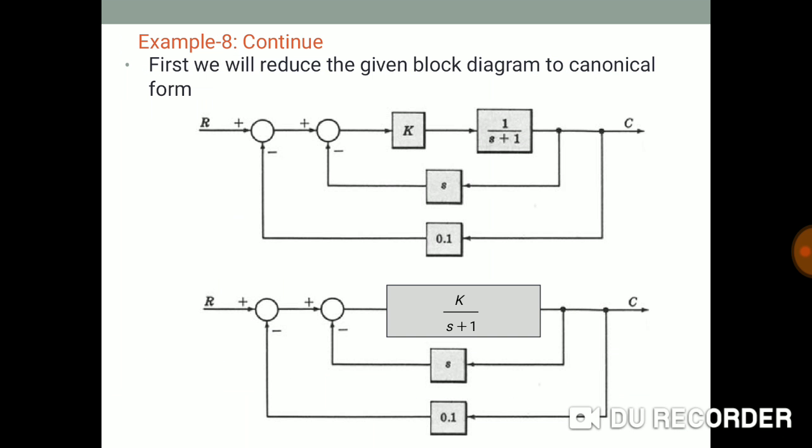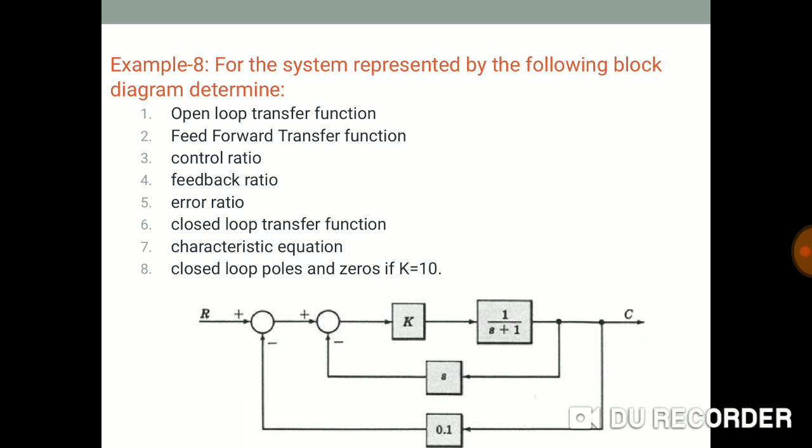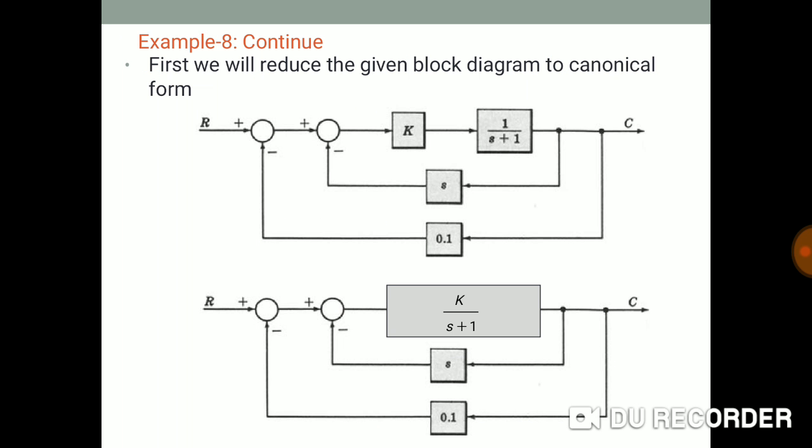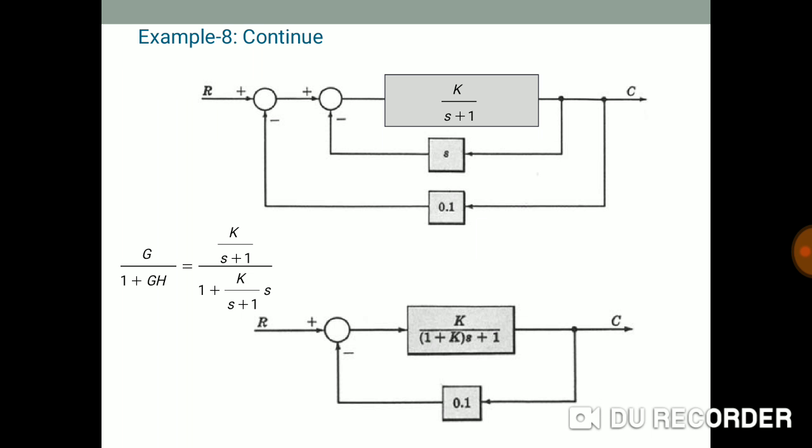Next, reduce the given block diagram. The diagram is given, and we will solve it step by step. K/(s+1) is there, then 0.1 is there. First, both are in series, therefore K/(s+1). Then there is a feedback, G(s)/(1+G(s)H(s)).